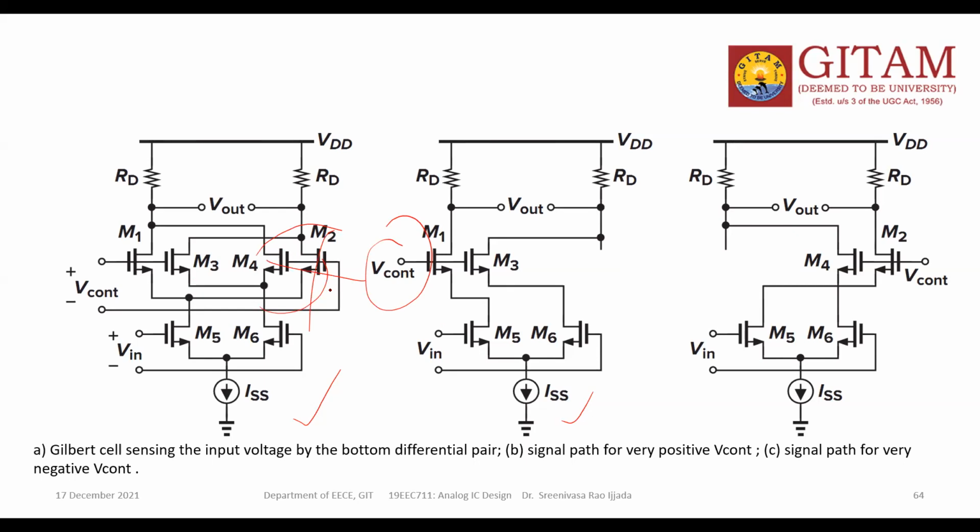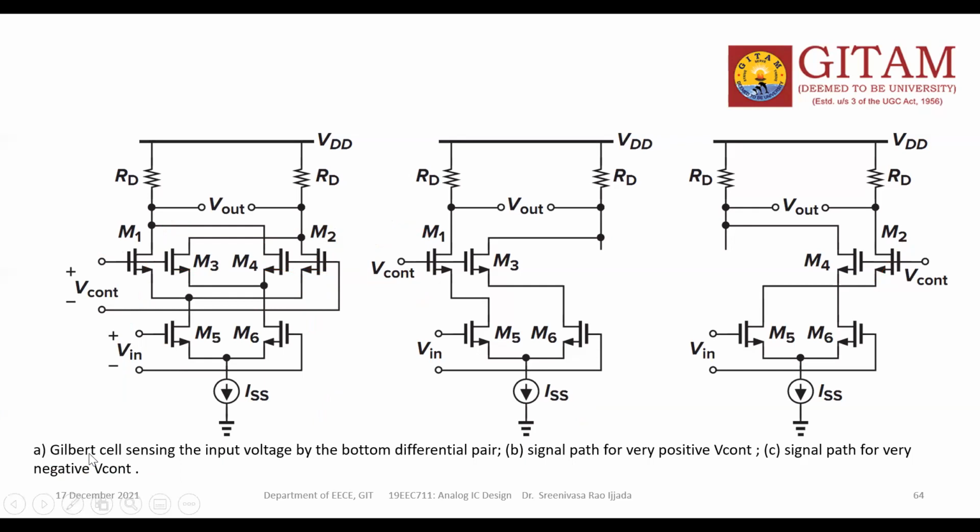I can show this by opening up these two transistors, and then you will get the negative gain. Suppose Vcont is negative, then these two transistors operate and these two are off, so the circuit looks like this.